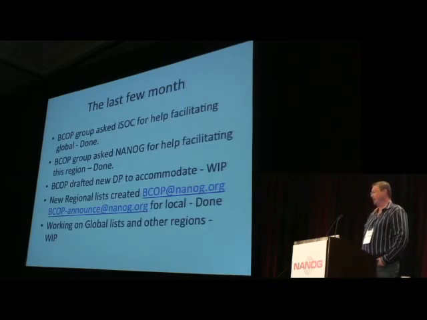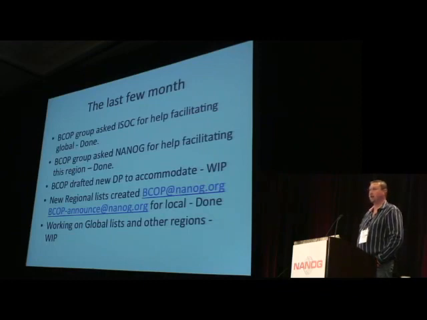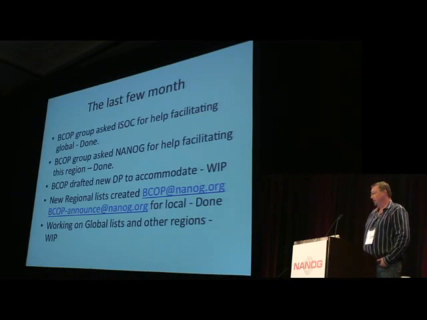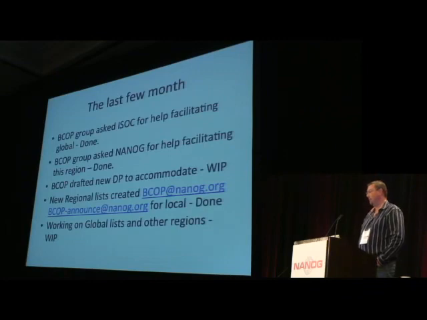The BCOP group asked the local NANOG board and program committee to help facilitate this region, and NANOG was more than willing to help, as you can see by this track, and it has been historically. The BCOP drafted a new development process to accommodate that. So it's a work in progress, and it is meant to be open, bottoms up, transparent and community driven. So it is up to you to help continue to modify that.